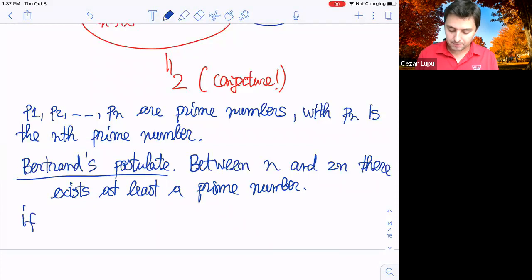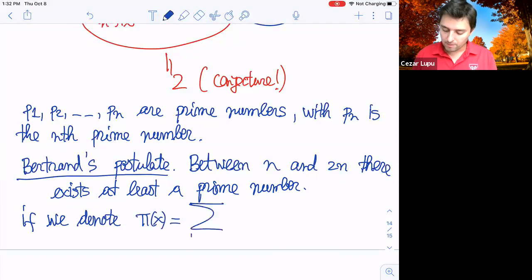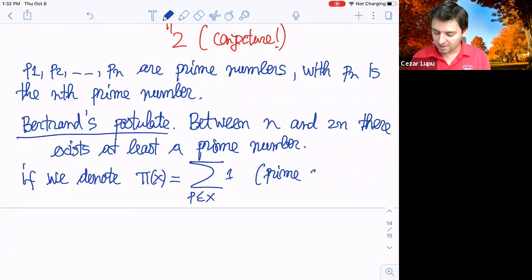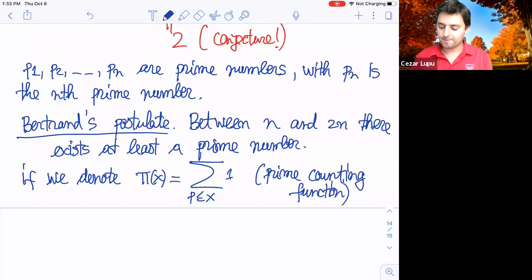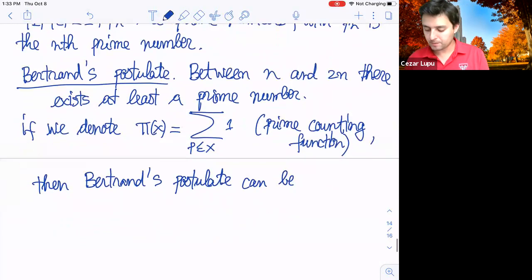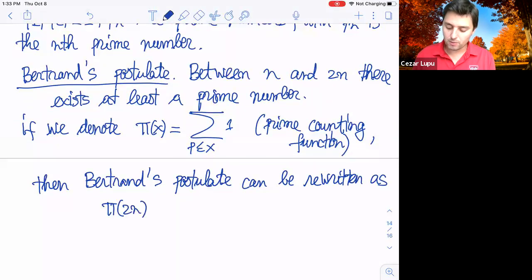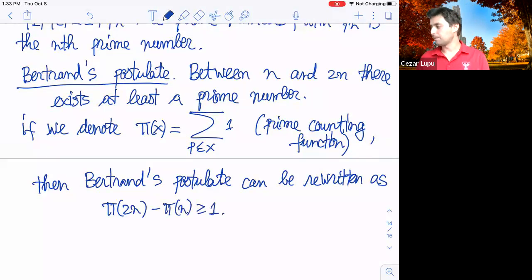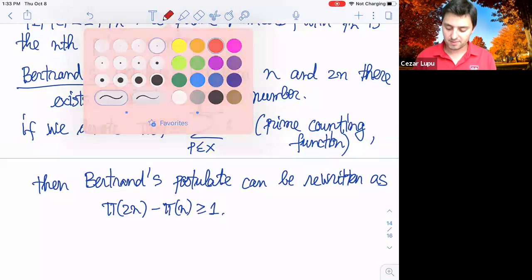If we denote by pi of x the prime counting function, and I talked about this in yesterday's talk at the math club, then Bertrand's postulate can be written as pi of 2n minus pi of n is greater or equal than 1. So this is how we can write Bertrand's postulate.